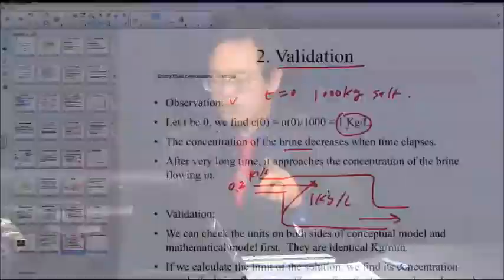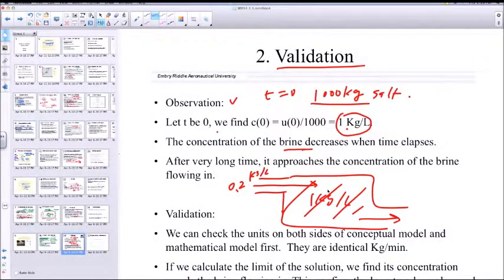And also you observed, in the long term, all this original 1,000 kilograms of salt was flushed out. And whatever you flow out, in the end, when t goes to infinity, should be also 0.2 kilograms per liter, just like what you flow in, right? So those are the observations. You use them for validation.